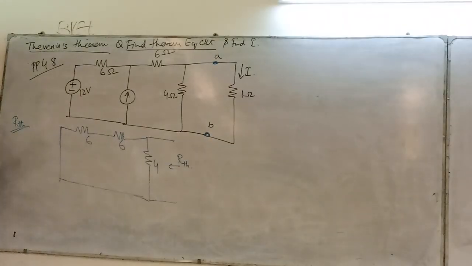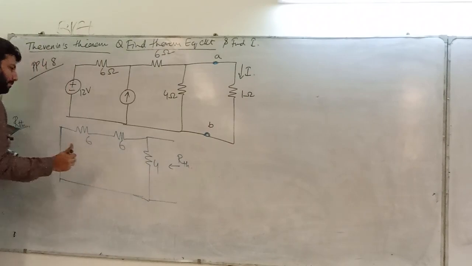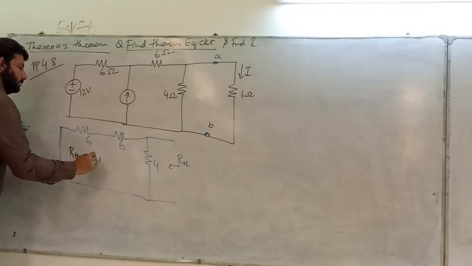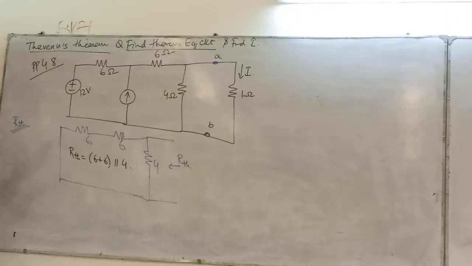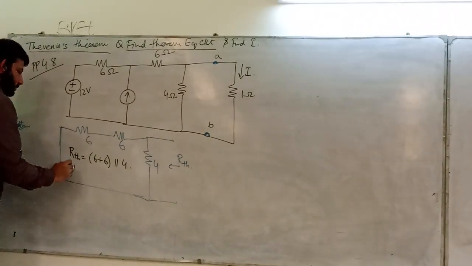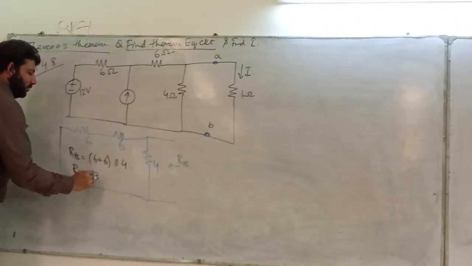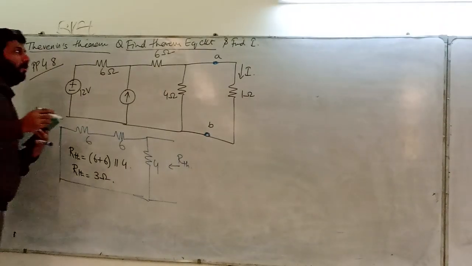Okay, so easy. 6 and 6 are in series, and the answer 12 is in यहीं पे लिख सकते हैं. 6 plus 6 parallel with 4. What's the answer? 3. What? 12 और 4 का parallel तो 3 होता है. Easy.